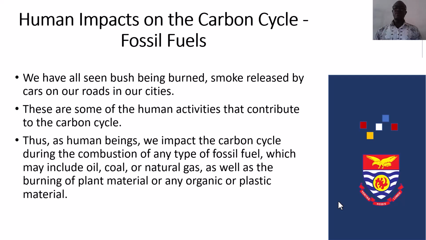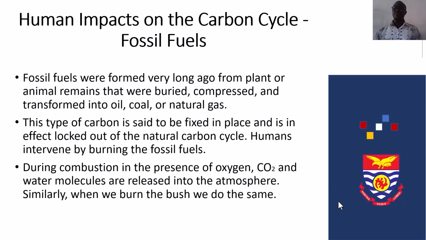These are some of the human activities that contribute to the carbon cycle. Thus, as human beings, we impact the carbon cycle during the combustion of any type of fossil fuel, which may include oil, coal, or natural gas, as well as the burning of plant material or any organic or plastic material.